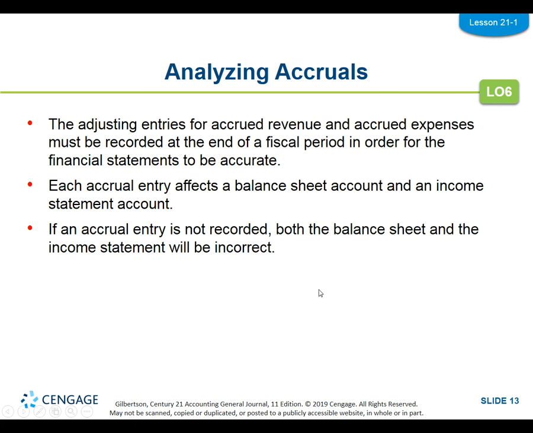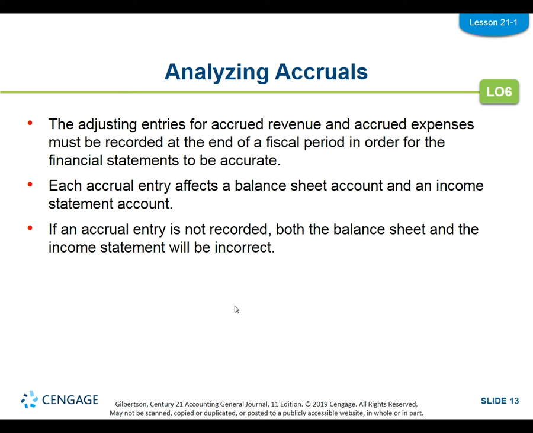Here's analyzing these accruals. The adjusting entries for accrued revenue and accrued expenses must be recorded at the end of a fiscal period. So the end of December is usually when you're going to do it, in order for the fiscal statements to be accurate. And you can do it every single month. Most of them do it at the end of the year. Each accrual entry affects a balance sheet balance on an income statement. So the balance sheet and the income statement are both affected.